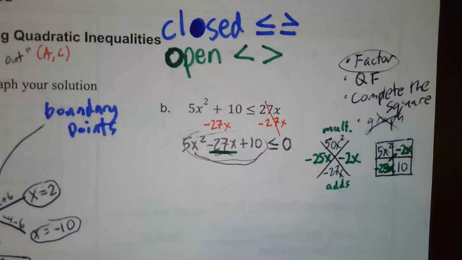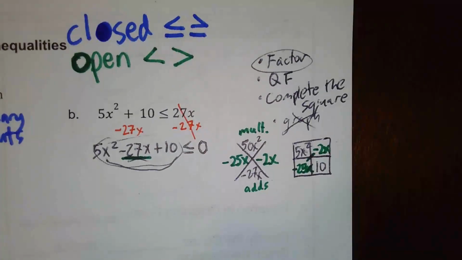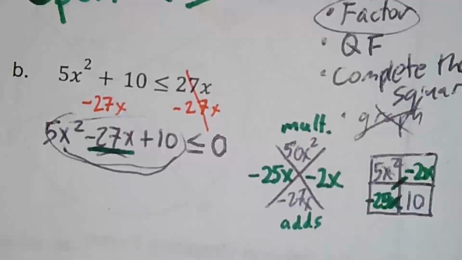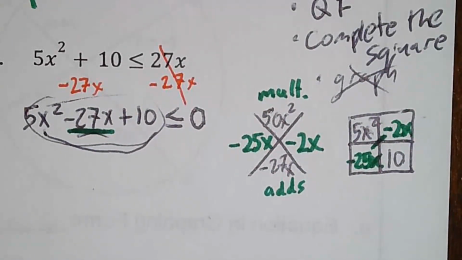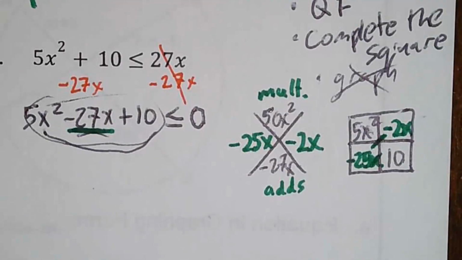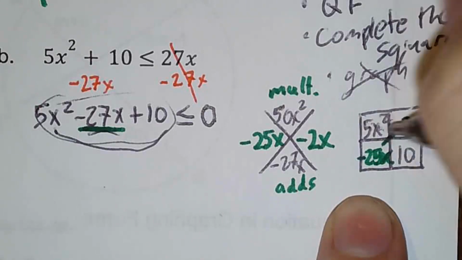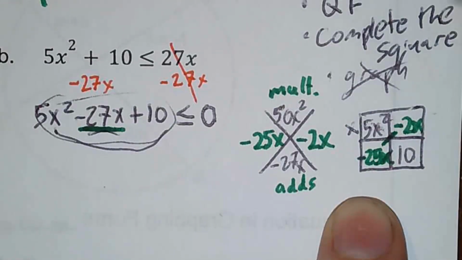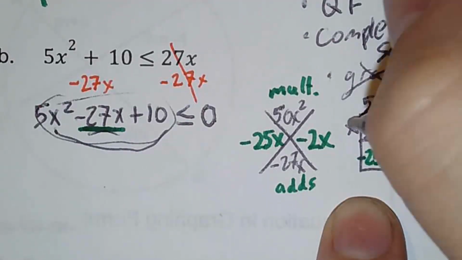So at this point, I do want to factor. I want to see what my outside area would be. So I'm going to, let me zoom out a little bit here, sorry about that. I'm going to go ahead and get my outside values. So it's going to be the common factor of 5x squared and negative 2x is just x. This is going to be 5x since they have in common a 5 and an x.